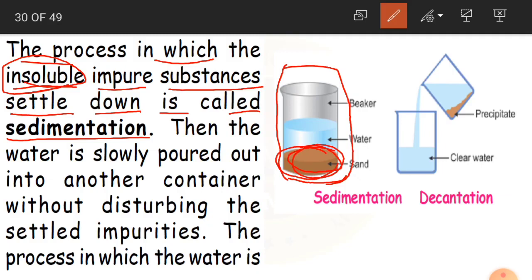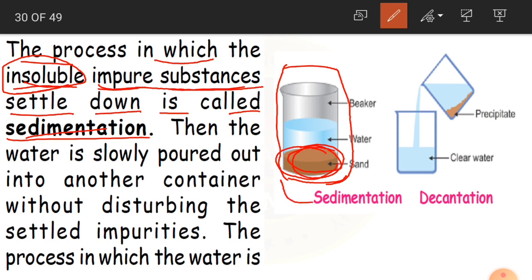They are not going to dissolve in the water. So that is why we call this an insoluble impure substance. Not only sand, substances such as sand, dirt and all that which settle down, the process is called sedimentation. Clear? So this is sedimentation.